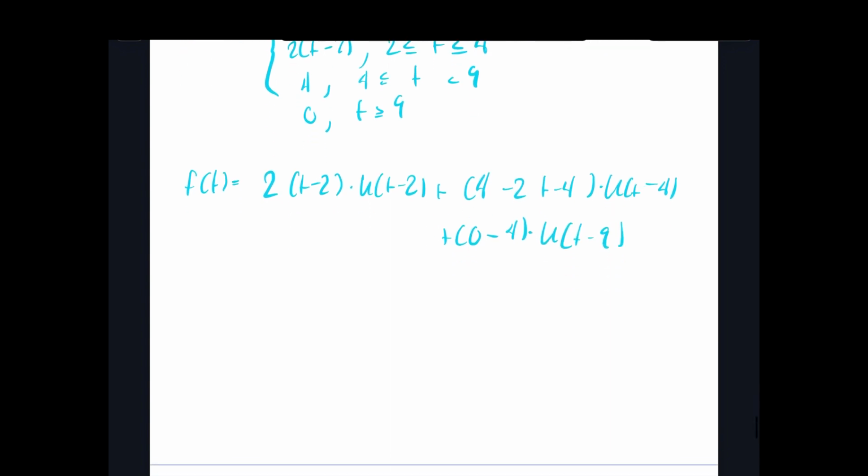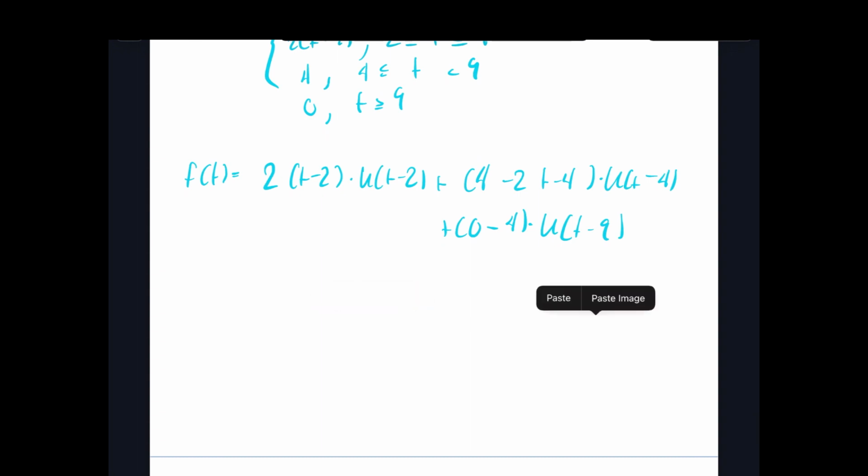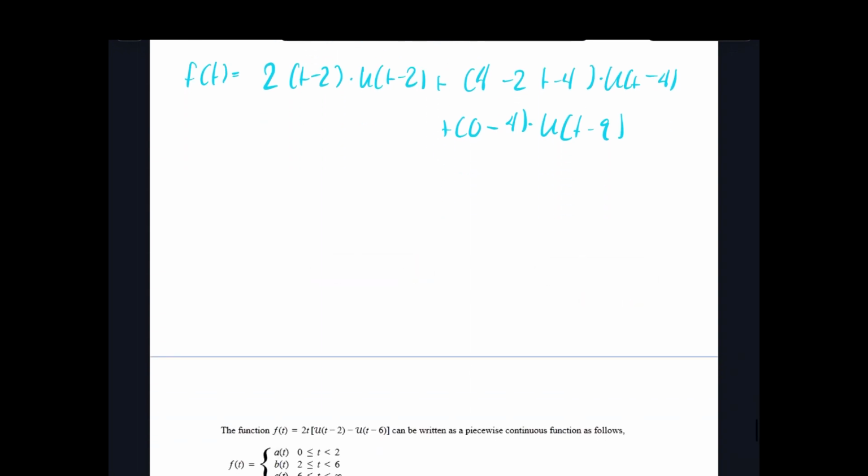And then after I've expanded everything out, I'm going to simplify it. So I get 2t minus 2 times u at t minus 2. This is nice because I can just use my formula, times e to the negative 2s times 1 over s squared.